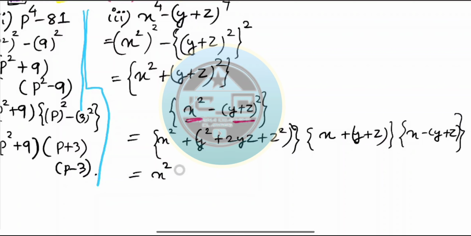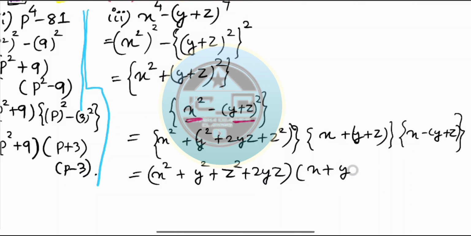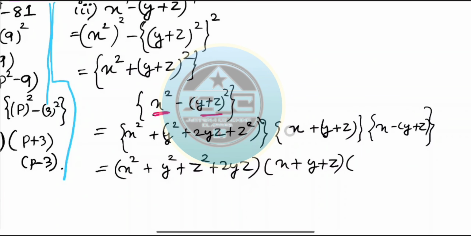And we can see x square here, y square, z square plus 2yz whole into x plus y plus z whole into, this is within bracket. Look at this carefully. After removing the bracket, y square plus 2yz plus z square, we alter it to x square plus y square plus z square. Alphabetically it sounds good, that's why we do it. And then remove the bracket, x plus y plus z, again here x minus y minus z. This is the final answer.